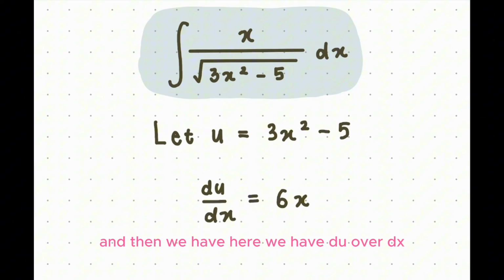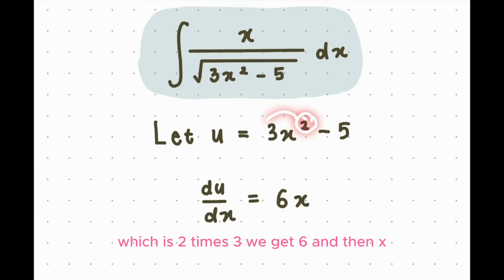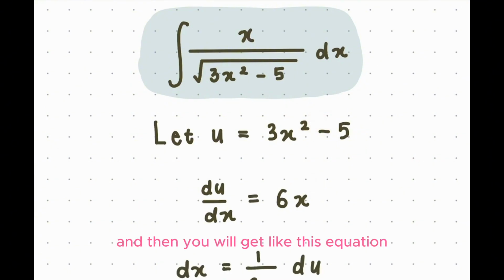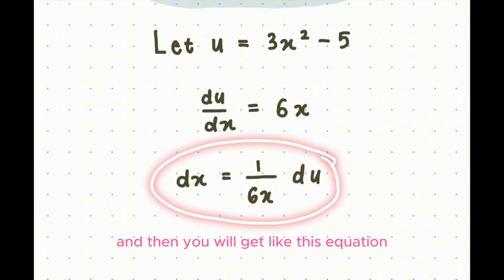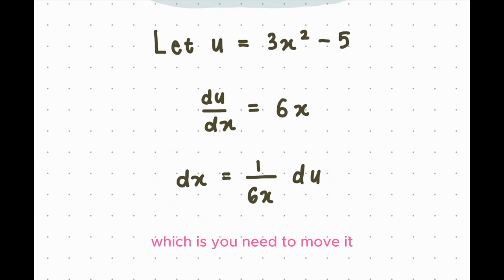We have du over dx, and after we differentiate, 2 times 3 gives 6, and the x term, then minus 1, so you get 1 here. You need to write it, and then you will get this equation, and we need to move du over here.